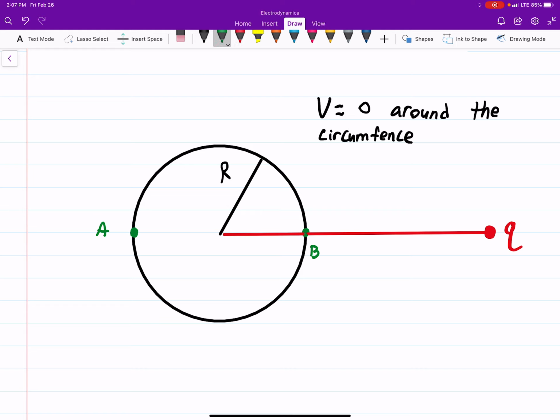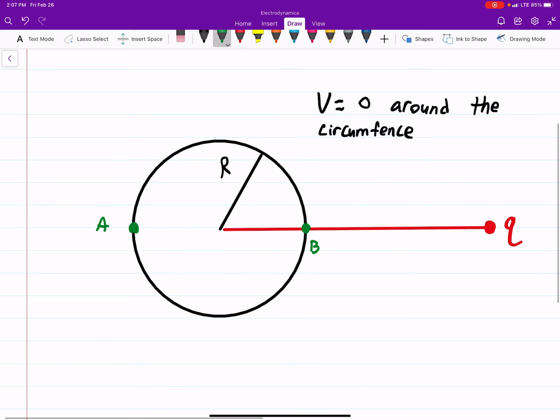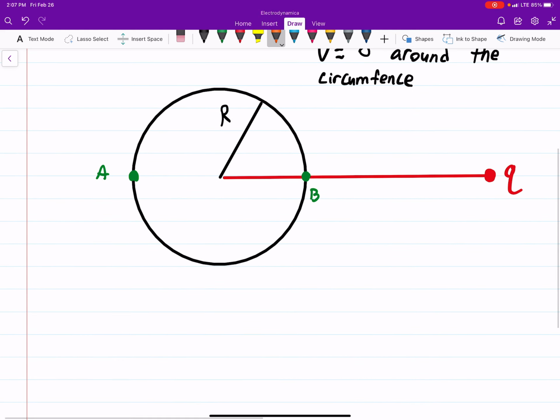Okay. And we still have our point A and point B. I'm just going to give this some generic values. Let's say that the distance from the center to Q is just a. So that's how far the charge is from the center.